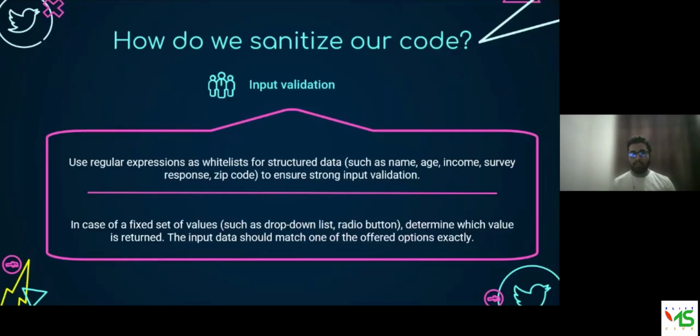So the first one is input validation. The validation process is aimed at verifying whether the type of input submitted by a user is allowed. Input validation makes sure it is accepted by type, length, format, and other criteria. Only the value which passes the validation can be processed.